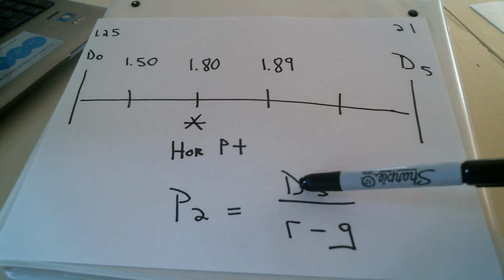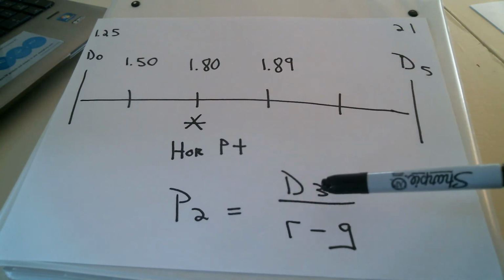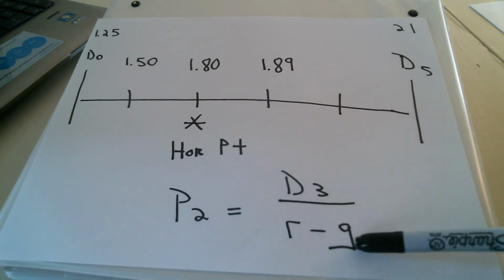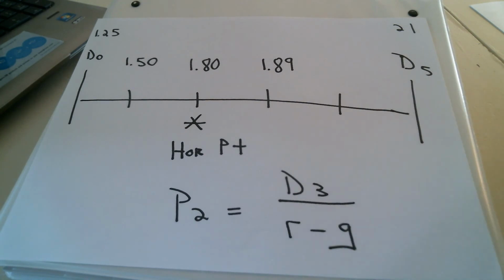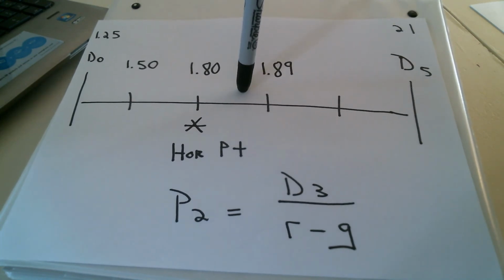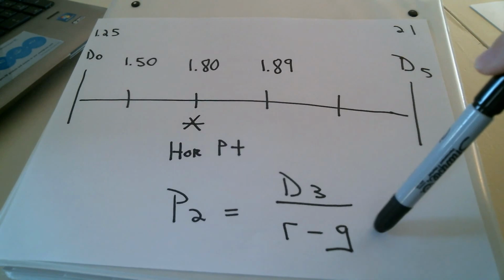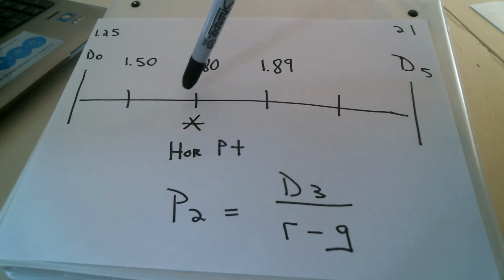So P2 is 1 dividend ahead, which is D3, over the required minus G. We were given those amounts. The required was 10%, that was given from the problem. The G is not the 20% in these periods, but when it crosses over, 5%. That's the growth rate we're going to use here to come up with the expected price at this point.